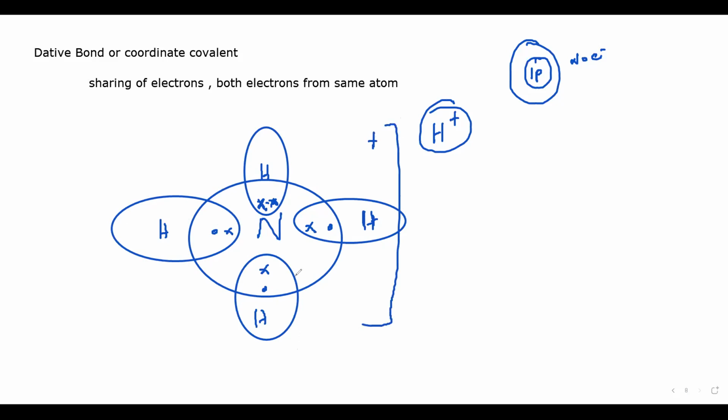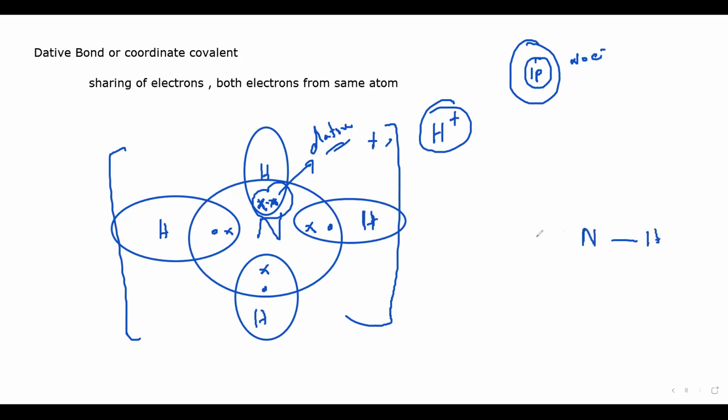Why will the molecule get a positive charge? Because NH3 was neutral, but the hydrogen present has only a proton. That's why the net charge on the molecule will be positive. So three of the bonds are covalent and one of the bonds is a dative covalent or coordinate covalent bond. When a pair of electrons shared between atoms both belong to the same atom, we call that a dative bond. And how do we represent it?